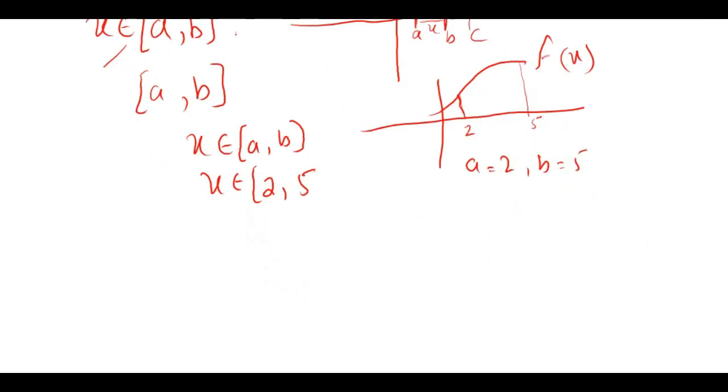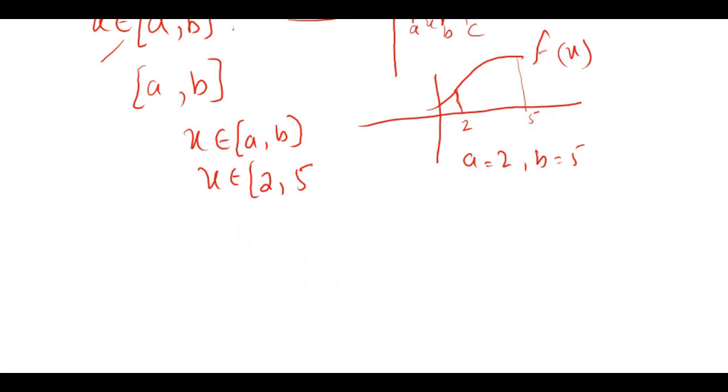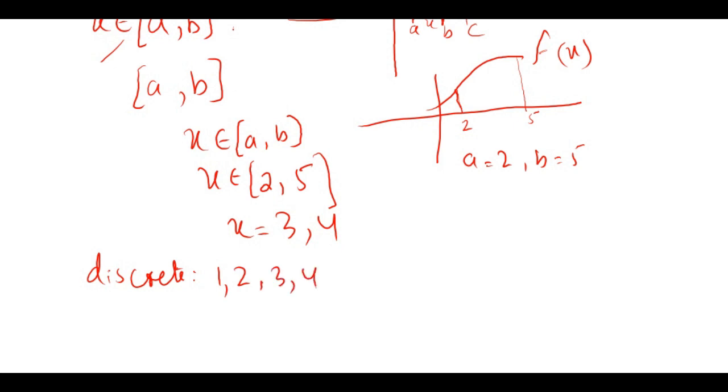So x could be 3, x could be 4, if I am mentioning that these are discrete points. Discrete points are those points which are represented in the form of integers, for example 1, 2, 3, 4 and 5.